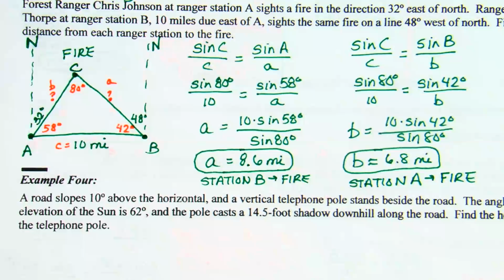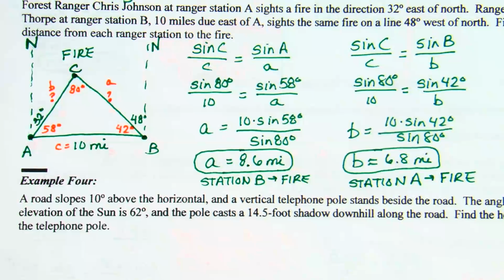A road slopes 10 degrees above the horizontal, and a vertical telephone pole stands beside the road. The angle of elevation of the sun is 62 degrees, and the pole casts a 14.5-foot shadow downhill along the road. Find the height of the telephone pole.